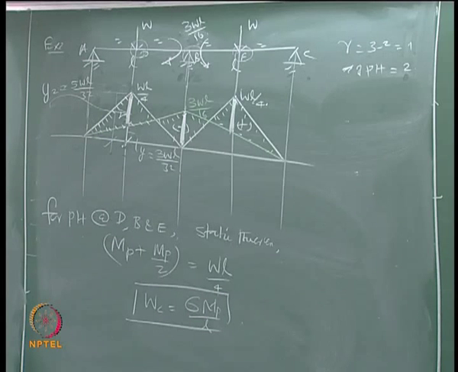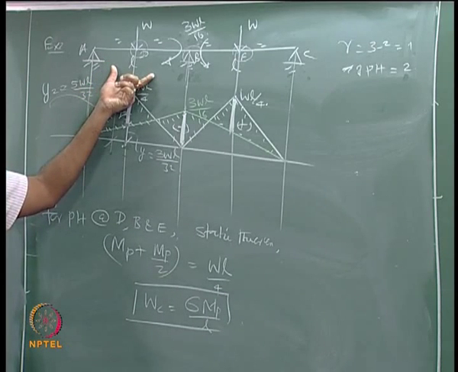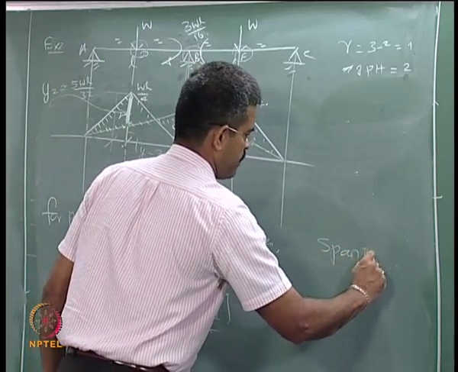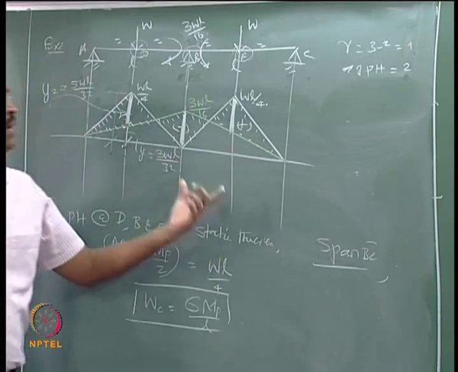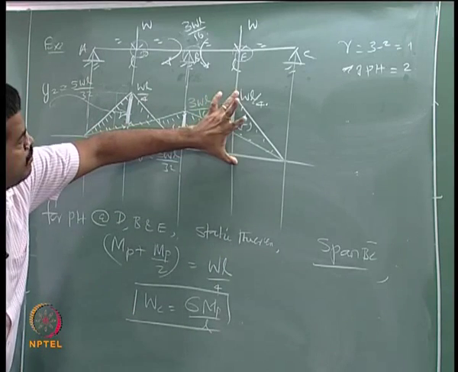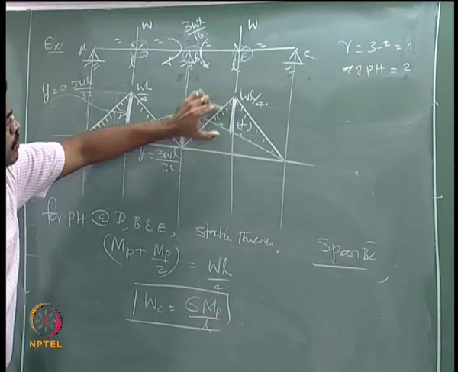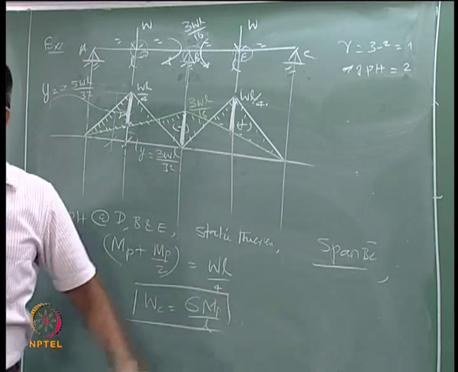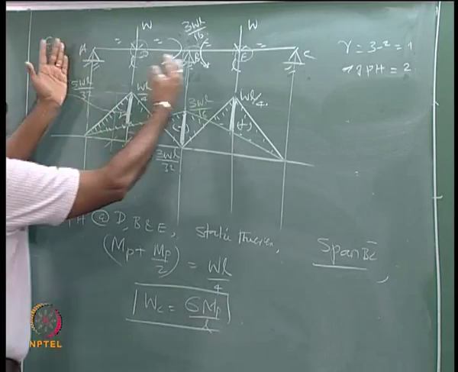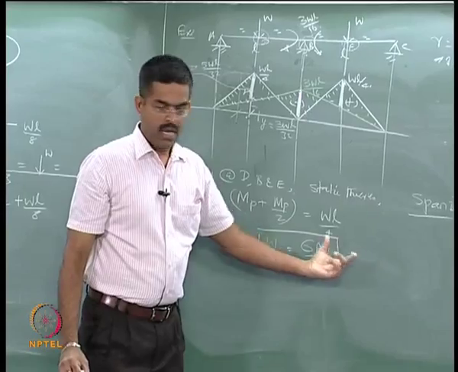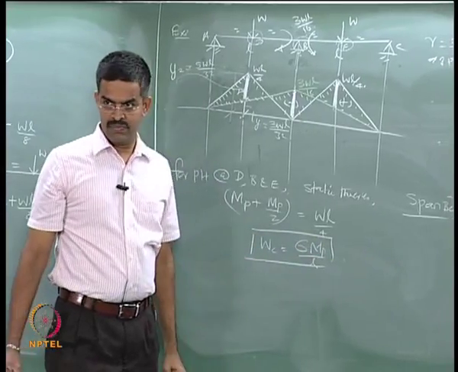This is for the span AB. You can also try to do the span BC, you will get the same story here also, is it not? Span BC, this value will be WL by 4, this is going to be MP, this is going to be MP by 2, get the same equation, you get WC. So if you get combined mechanisms like this, analyze them independently and look at the maximum value.